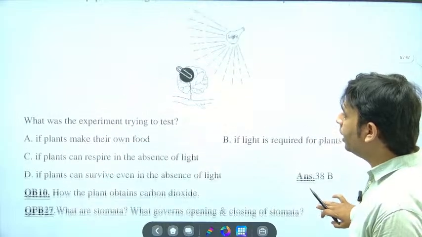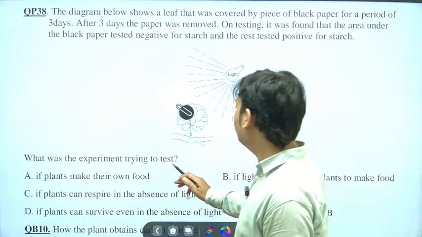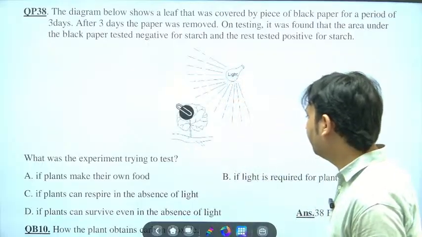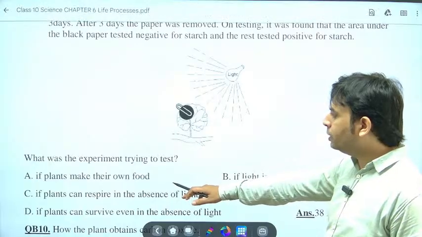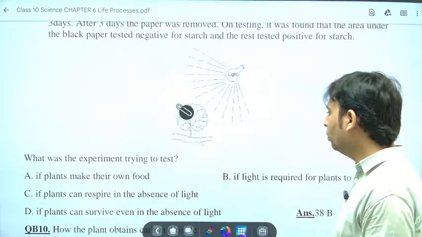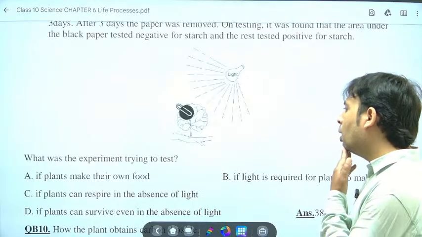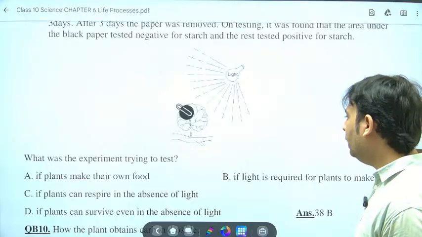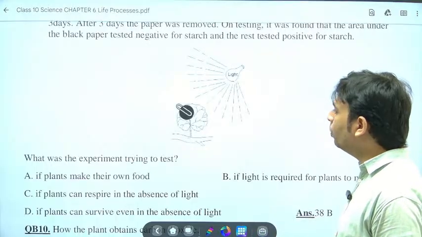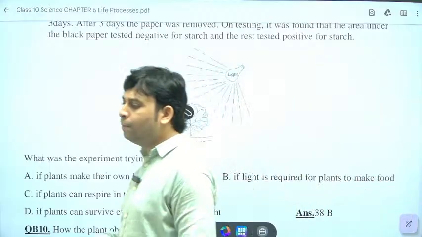So the question is: what was the experiment trying to test? Option A, if plants make their own food; option B, if light is required for plants to make food; option C, if plants can respire in the absence of light; and D, if plants can survive even in the absence of light. So what is the right option here?